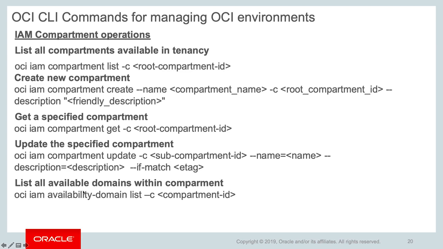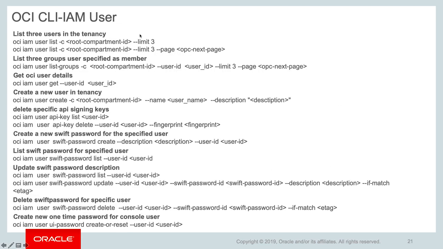You can list all the available domains within a compartment. You can perform activities related to users using OCI CLI. Here I'm listing users from my tenancy with oci iam user list -c, providing the root compartment ID, and limiting the result to 3.